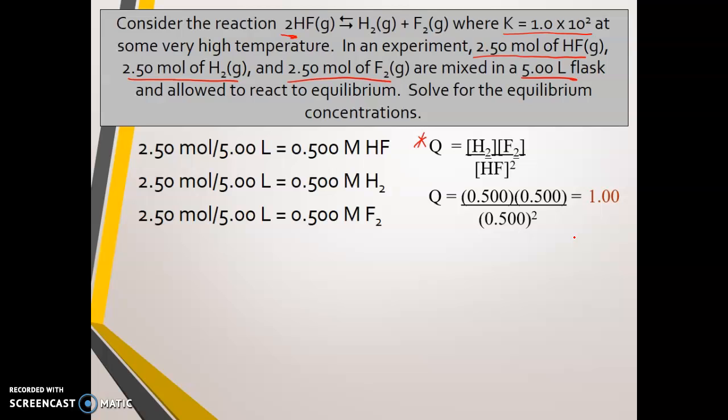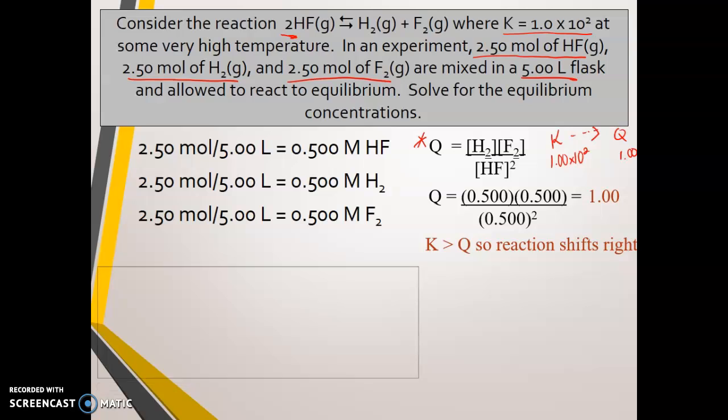Now, when we look at this, Q is 1, and K we said is 1.00 times 10 to the second. Q is just 1.00, so K is greater than Q, so the reaction shifts to the right.